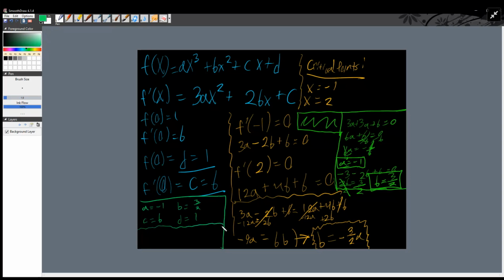Last but not least, let's write down our equation, this time with the constants realized: f of x equals negative x cubed plus 3/2 x squared plus 6x plus 1. And that's essentially our answer. A, B, C, D is our answer, but f of x gives us that. All right, hope you learned something new.